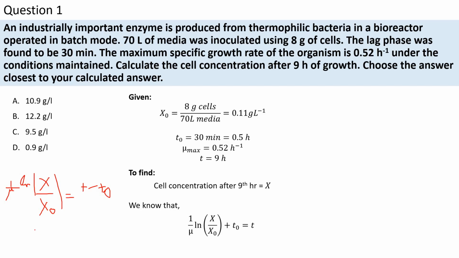Ln of, so now we'll just take it for multiplication. So what happens, ln of x divided by x naught is equal to mu into t minus t naught. Okay, so this is ln of x divided by x naught.